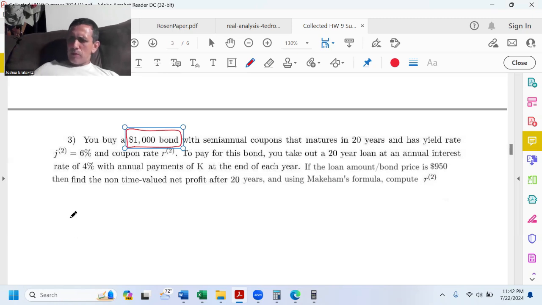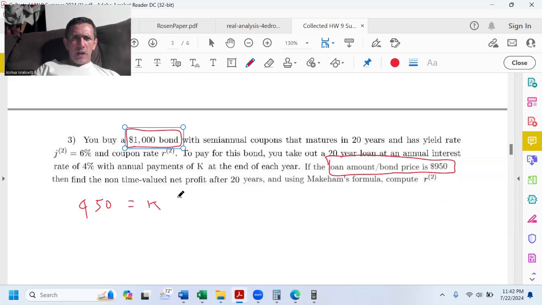You can start off by getting R or you can start off by getting K. It really doesn't matter. Let's get K. The loan amount is the bond price, because you're taking exactly $950 out in a loan to pay for a $950 bond. So they're both the same.